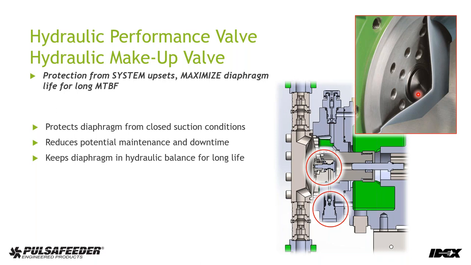So you want chemical here, this needs to be fully primed. And when this is fully primed, this diaphragm literally does no work. It just floats back and forth between here. And the hydraulic makeup valve helps to ensure that there's solid hydraulics on that side there. It keeps the system in balance.